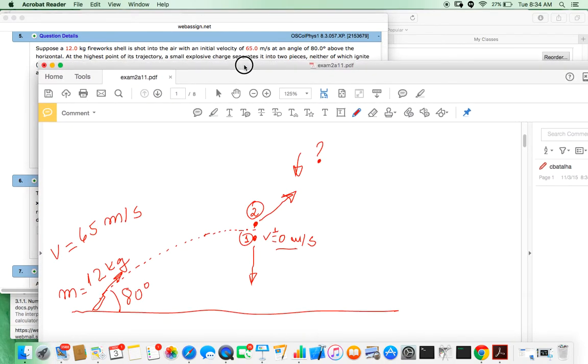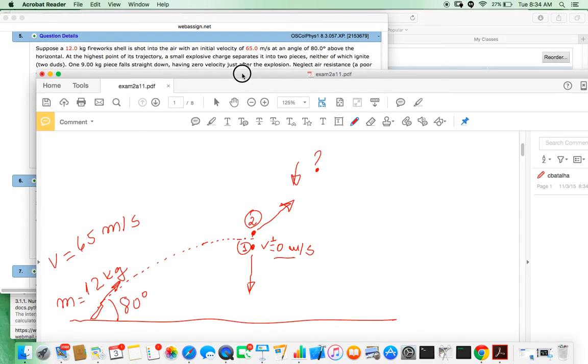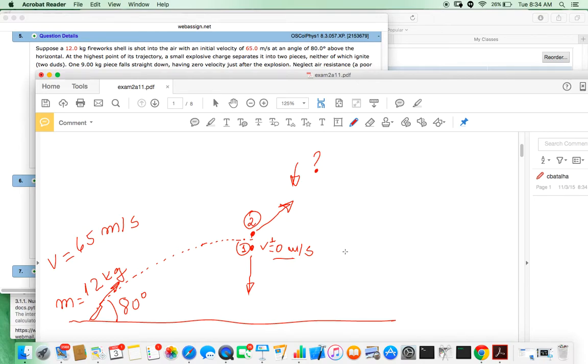Highest point, separates in two pieces. So this fragment has a mass, so m, mass of fragment 1 is 9 kilograms, so therefore the mass of fragment 2 must be 3 kilograms, right?